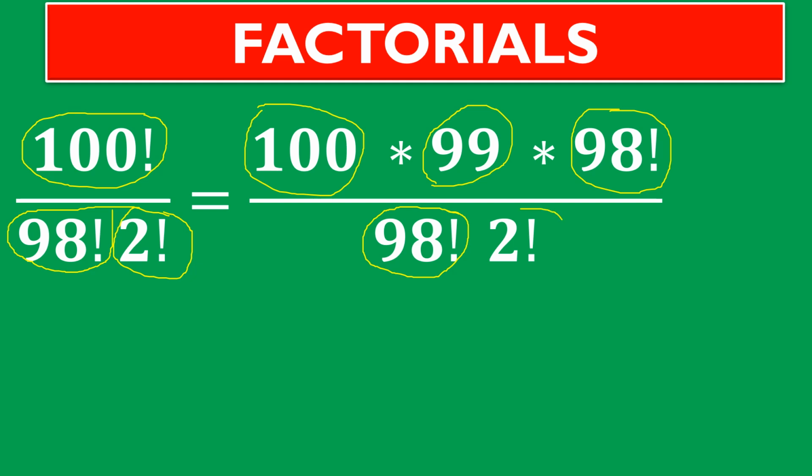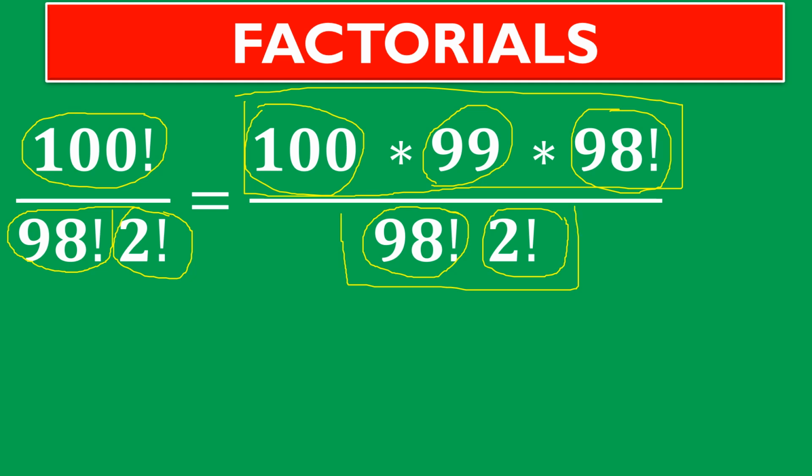So you bring along your 2 factorial here, and that is simply rewriting the left hand side, which is 100 factorial divided by 98 factorial times 2 factorial. So at the top we have 100 times 99 times 98 factorial, and at the denominator we simply have 98 factorial times 2 factorial.